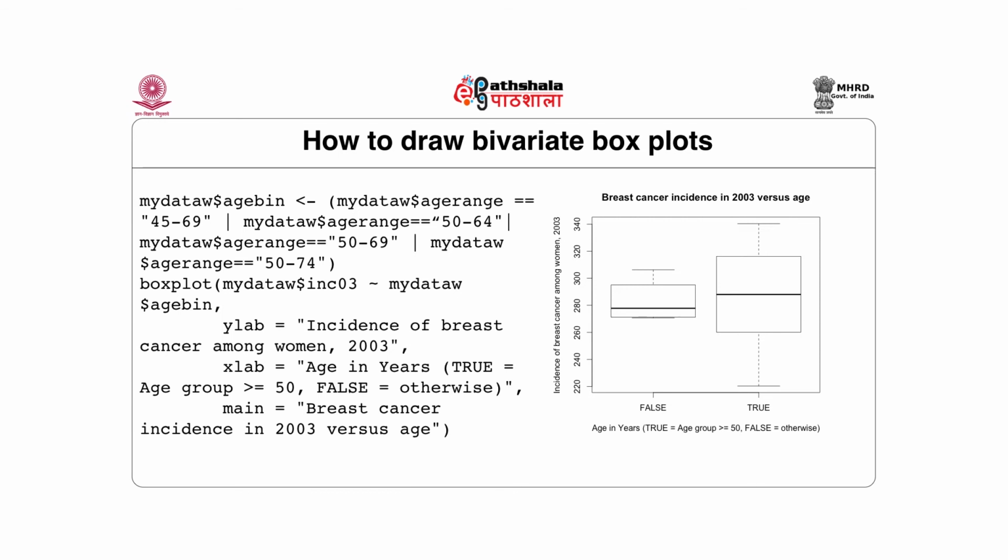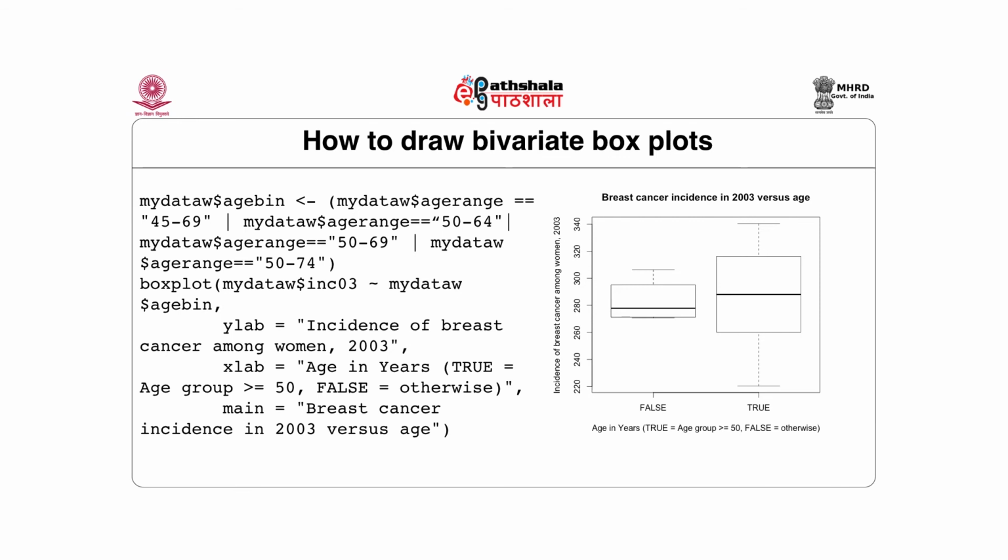What we would like to do is plot the incidence rate of breast cancer in the year 2003, which is roughly 2 years after there was a widespread decline in hormone replacement therapy. We just wanted to see whether the age at which breast cancer was screened would make a difference. In this case, it did not make a difference.